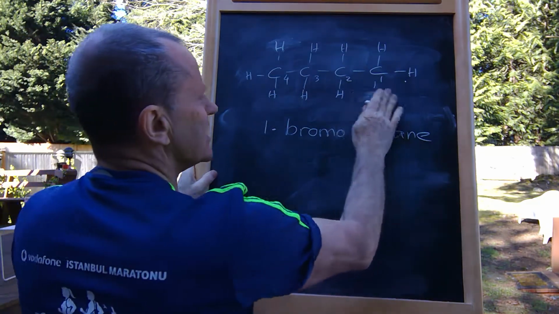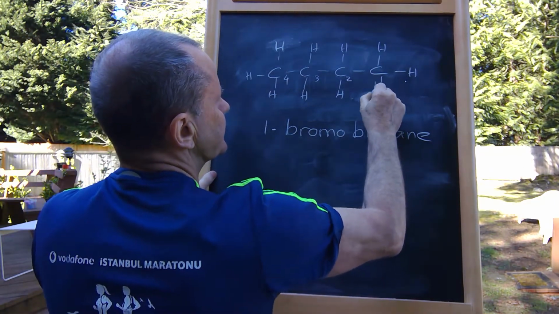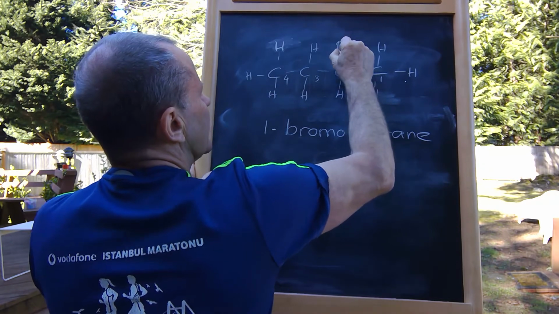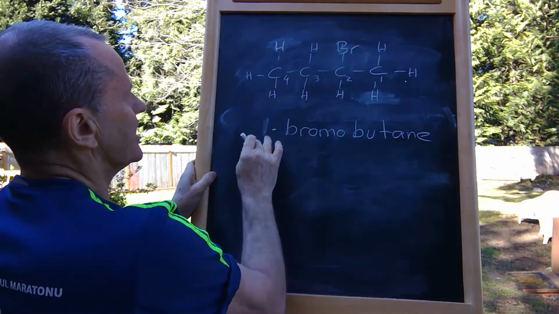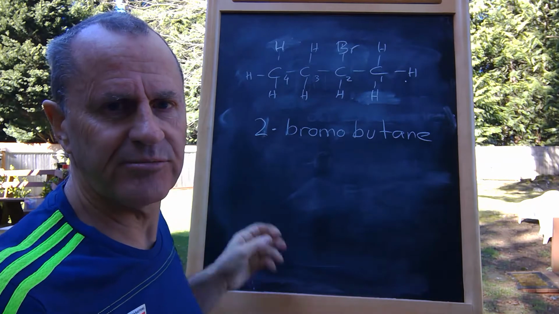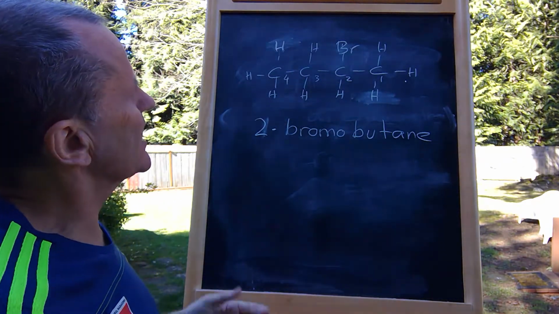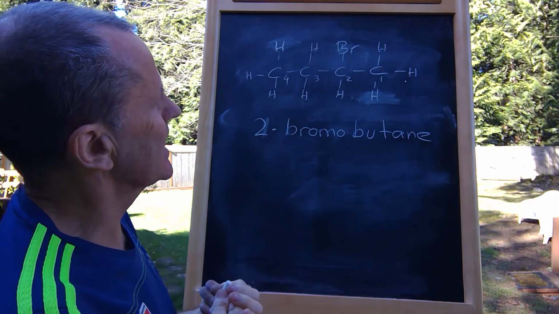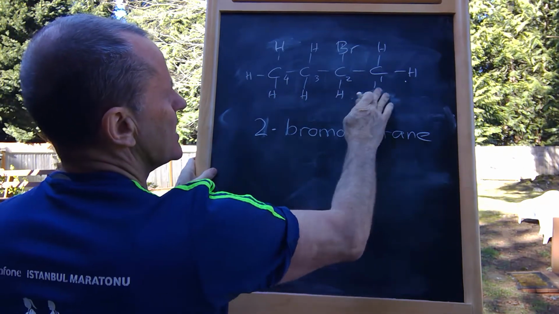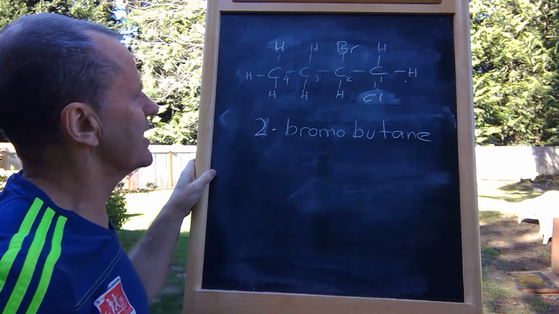But if we were to take that bromine and add it to here, that would now be 2-bromobutane. That's pretty simple.